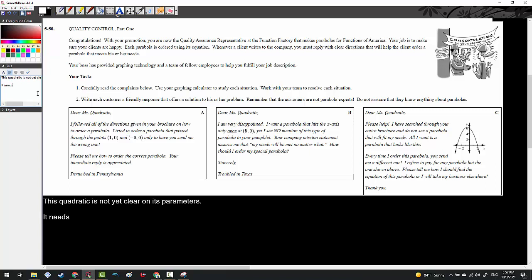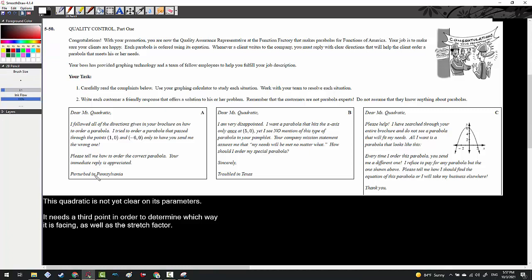It needs a third point in order to determine which way it is facing, as well as the stretch factor. So that would be it. We can't send this person a new parabola because he hasn't told us the parameters yet. So sorry, it looks like you're kind of up the creek, but that's not my problem.